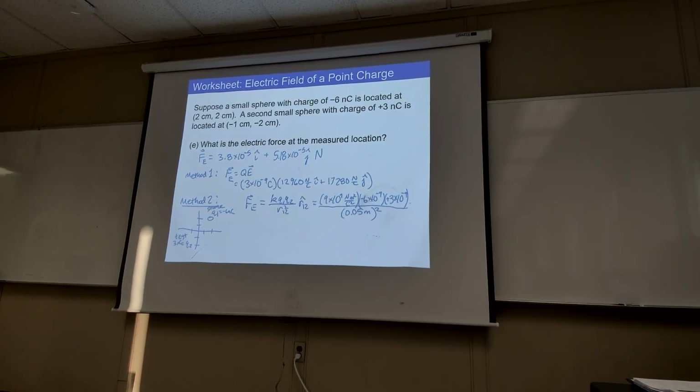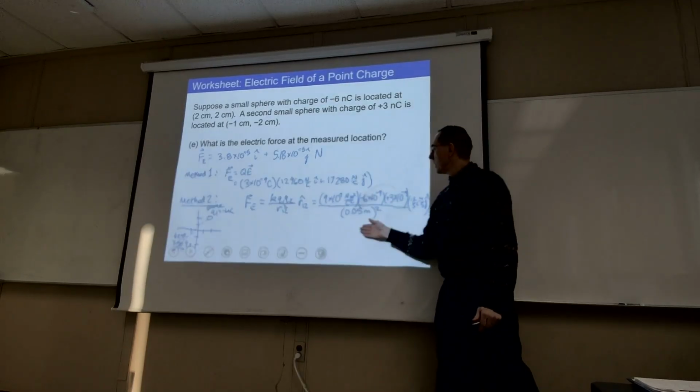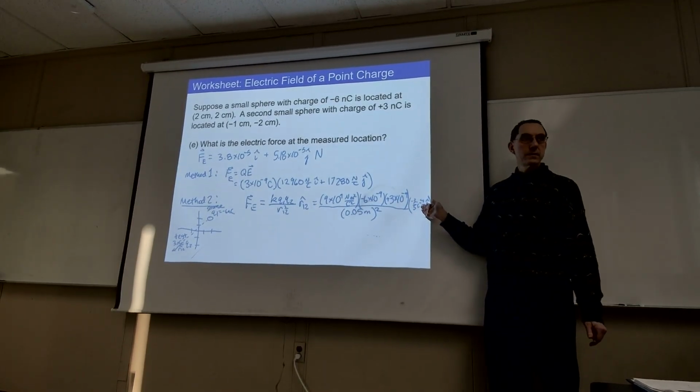And then we multiply times the r hat vector, and that r vector is the same as we had before, right? Because that's still the vector which points from this location down this way. So multiply this times the negative 3/5 i hat and minus 4/5 j hat.